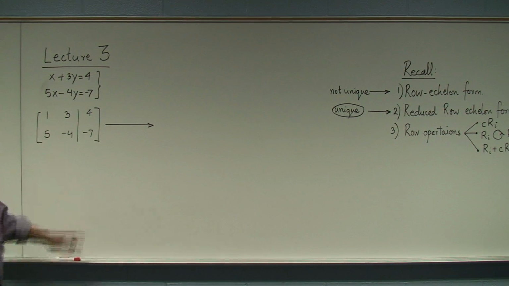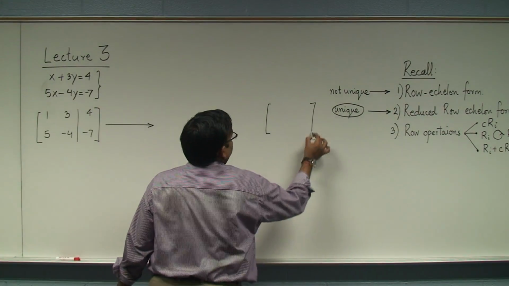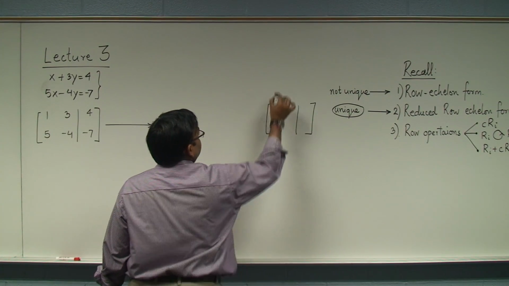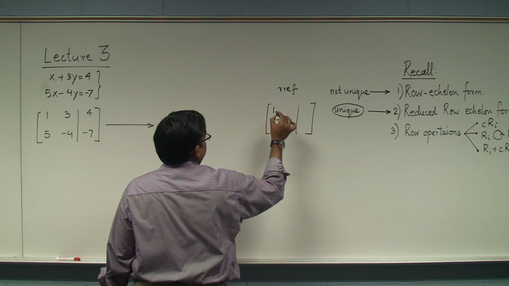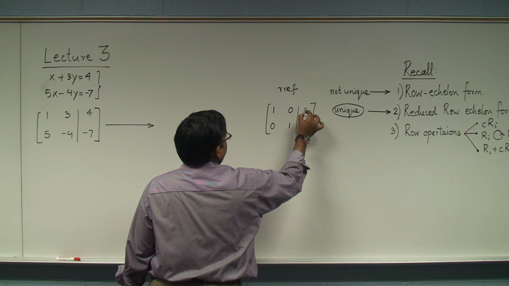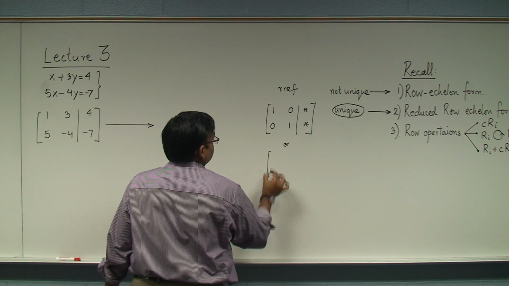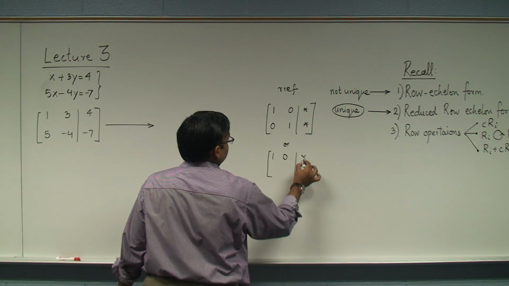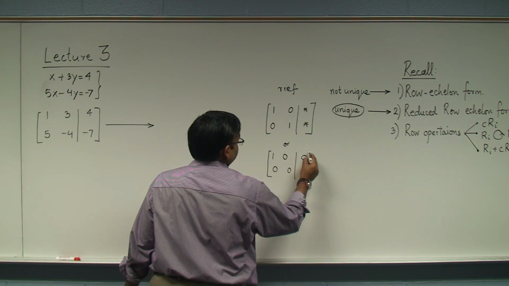So the idea of echelon form and reduced row echelon form was that we want the reduced row echelon form. We want to produce ones, as many ones as we can produce in a column. Or it may happen something like this, 1, 0, 0, 0, 1, in which case this should become 0.